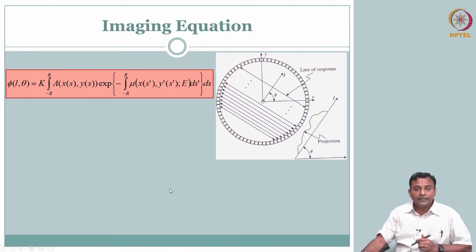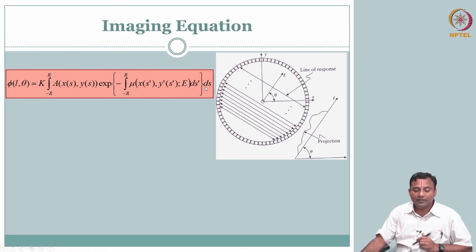Now notice, even though this looks like a double integral and a little complicated, in SPECT also we saw something similar, and we said this is an unknown, this is an unknown. So we had a problem. A similar problem we also have here. But one subtle thing that is better here is your integral limits, minus R to R. This is not dependent on where the S is.